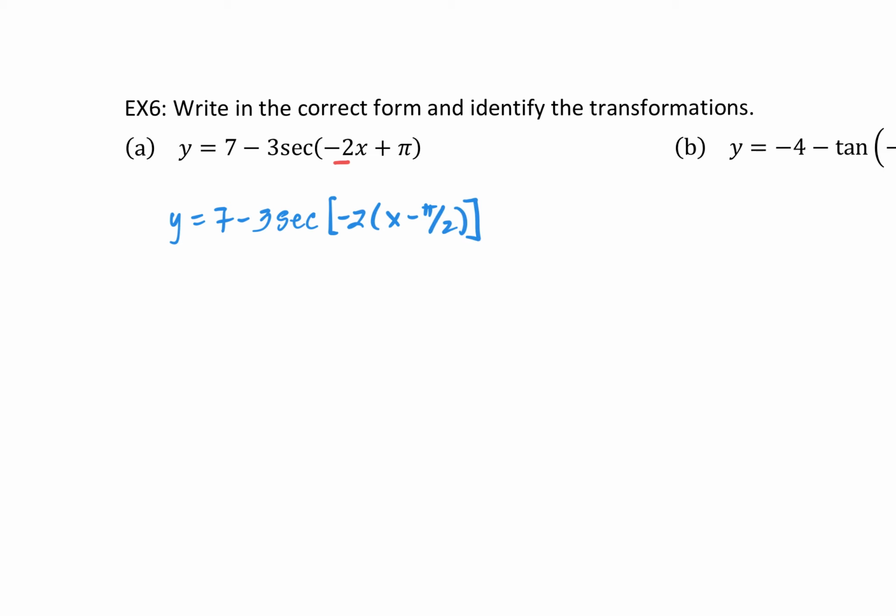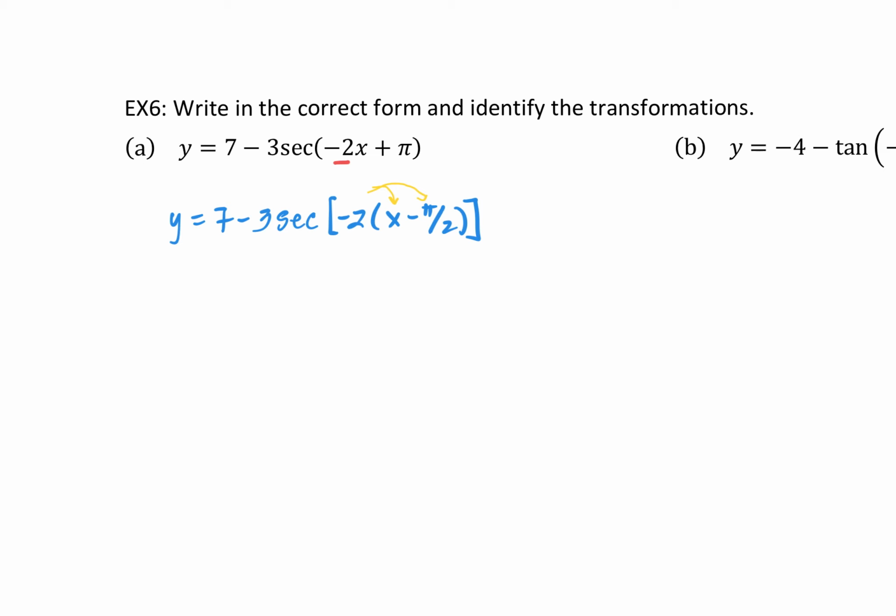Okay, if you're unsure if you did this correctly, go ahead and distribute that negative 2 back in. Negative 2 times x is negative 2x. Negative 2 times negative pi over 2 is going to be a positive pi. But then we have this negative in front of the 2 that we have to get rid of.